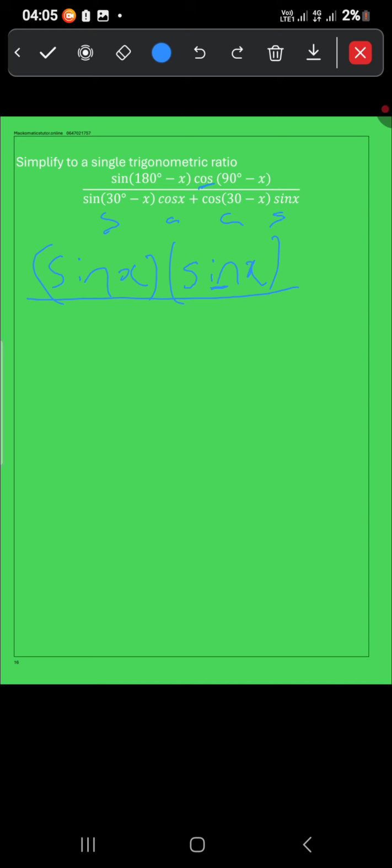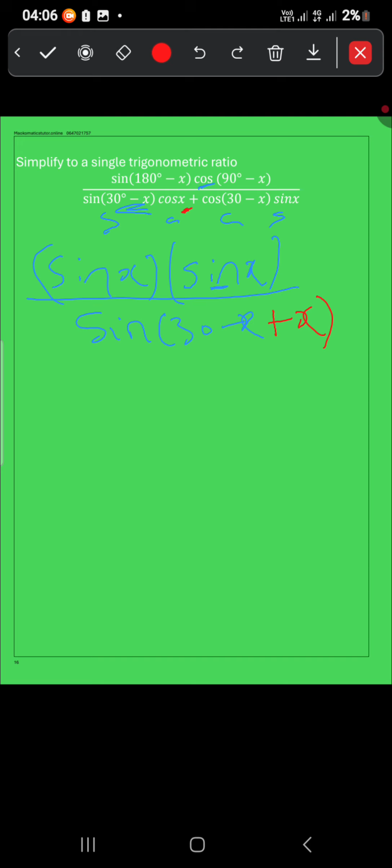So this is cosine, which reverses back to sine of 30 minus x plus the second angle, which is x. So x is the second angle, and this is the first angle. 30 minus x is the first angle. This x is the second angle.